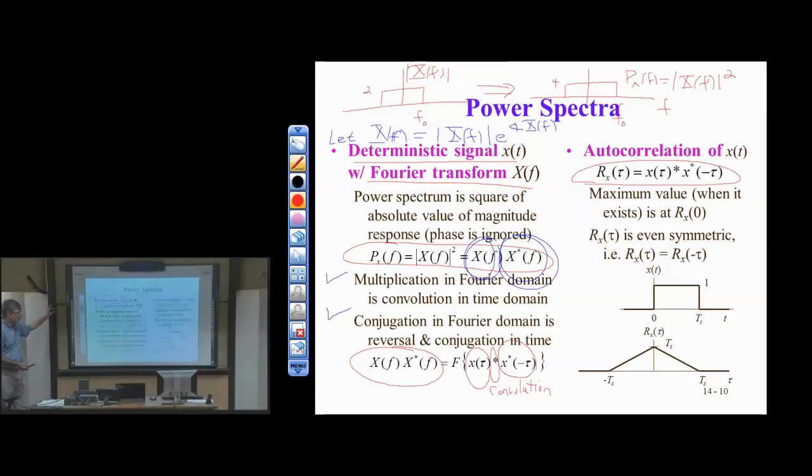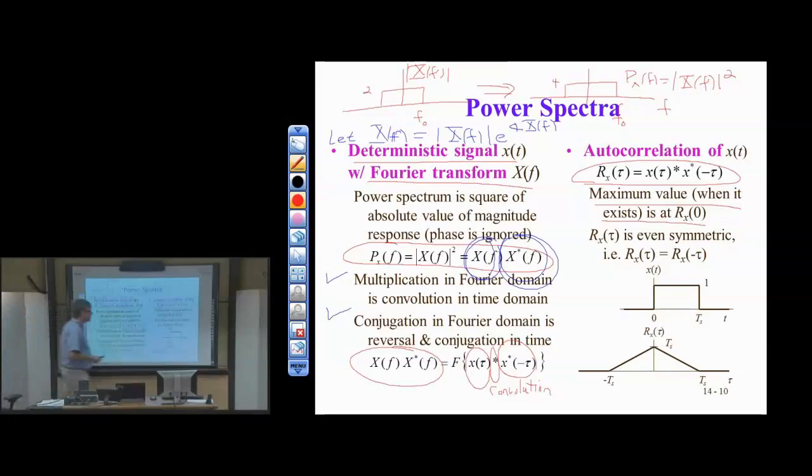So a couple observations about correlation, and you encountered this in Lab 4 with PN sequences, pseudo-noise sequences, and on homework 4. So the maximum value of this autocorrelation, when it exists, you've got to remember, it's always nice to caveat, just in case there's some bizarre x of tau to work with.